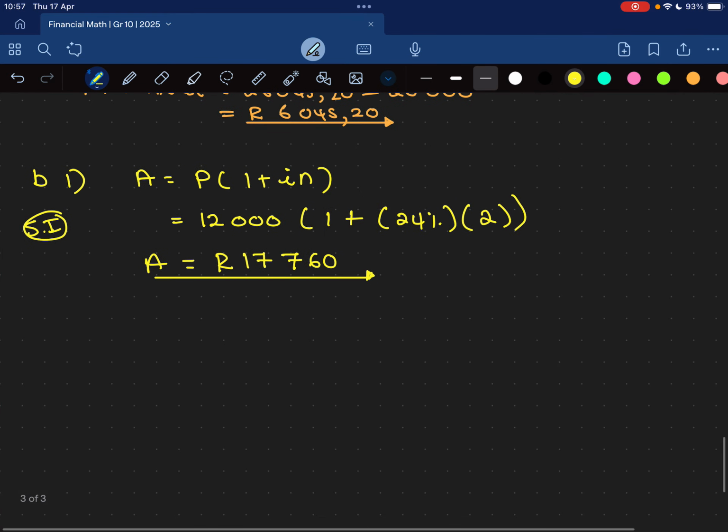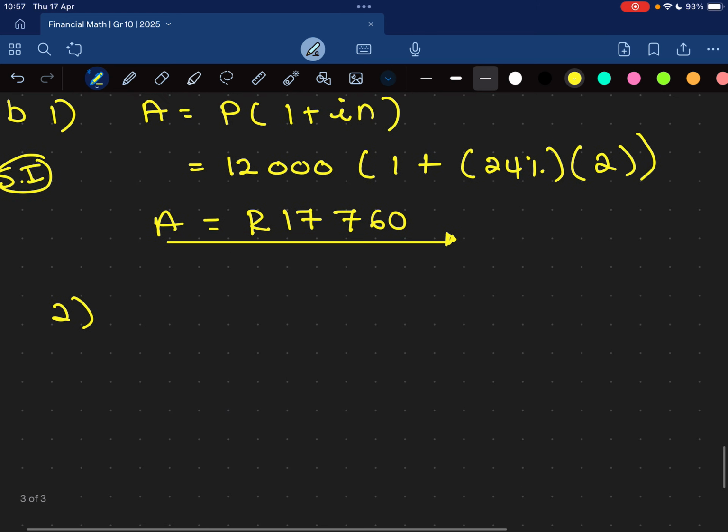Then number 2 says, if she wants to pay the loan off in monthly payments over the 2-year period, what will her monthly payments be? Okay, so let's think about that. She owes a total of 17,760 Rand. Now if she has to pay that back in monthly installments, then obviously we're going to divide that by the number of payments.